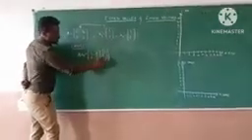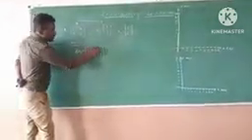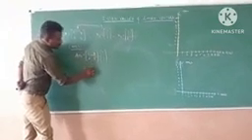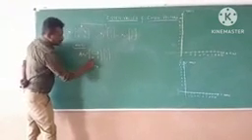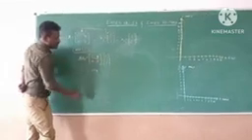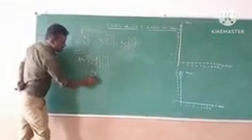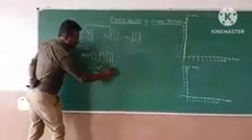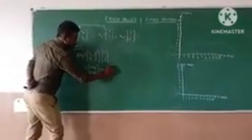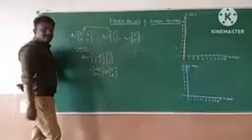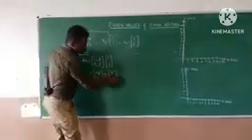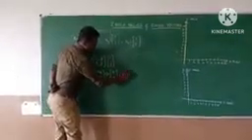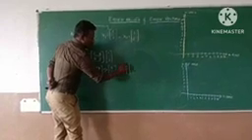First row with first column: 1 times 1 is 1, plus 4 times 1 is 4. Second row: 2 plus 3. The answer is 5 and 5. Here 5 is common, so we can take it outside: 5 times (1, 1).